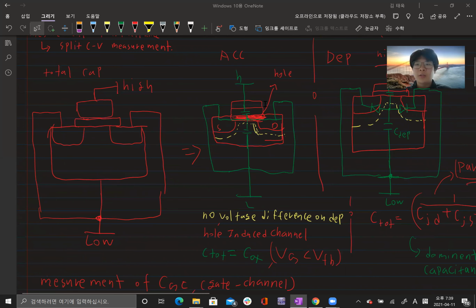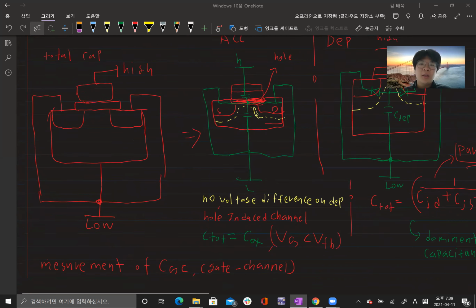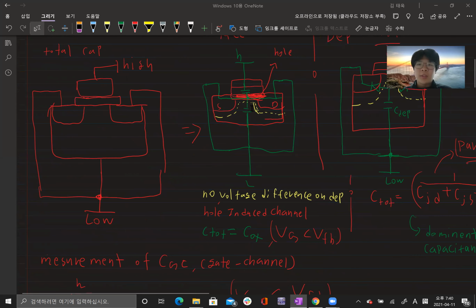In accumulation state, there is only an oxide capacitance and depletion, but there is a channel to be biased.